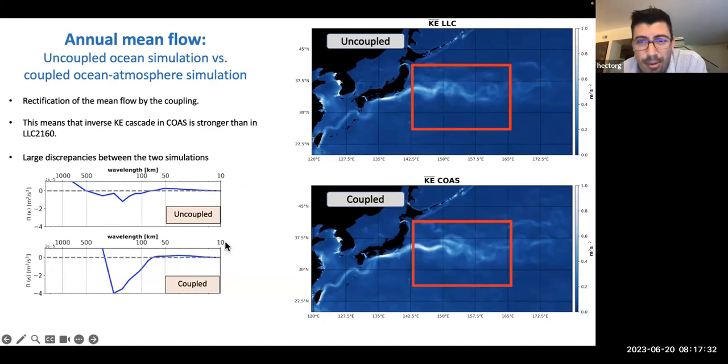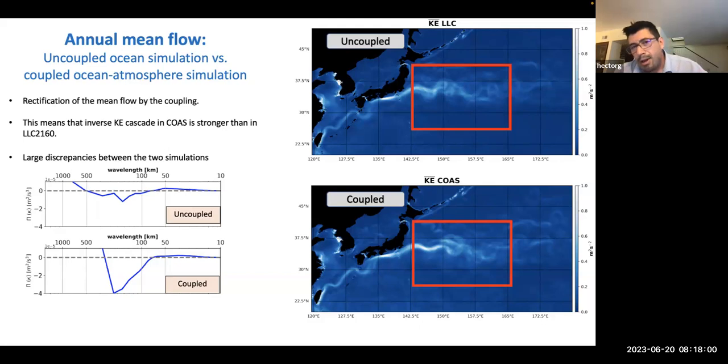So I think ODYSEA has the opportunity to give an answer about these discrepancies between models. Now you compare observations against model. Well, maybe not correct, because in situ measurements are very localized, and this kinetic energy flux analysis depends on the size of the domain.